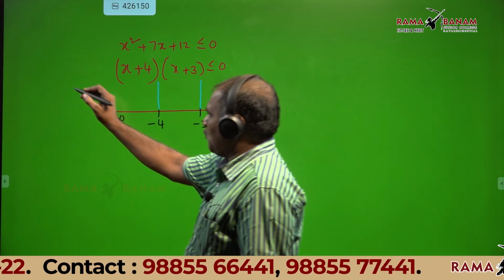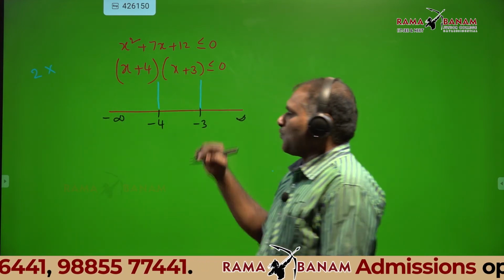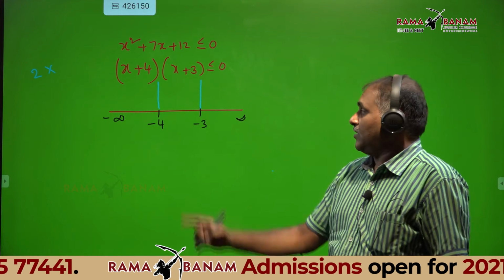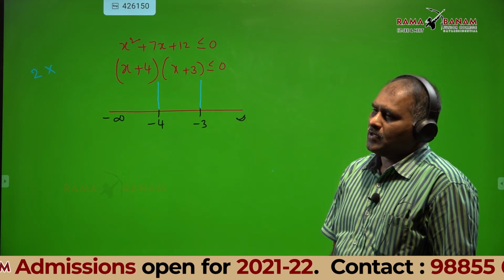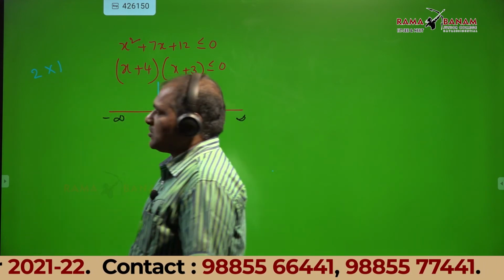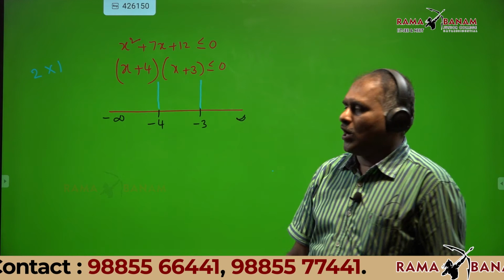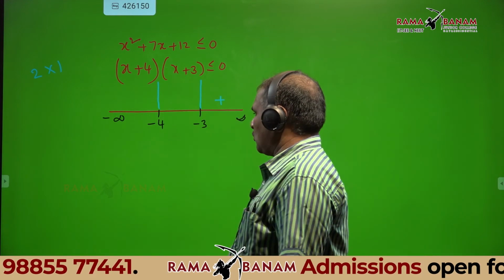Into minus 2 plus 3, which is 1. 2 into 1 is positive. That's why I wrote positive.